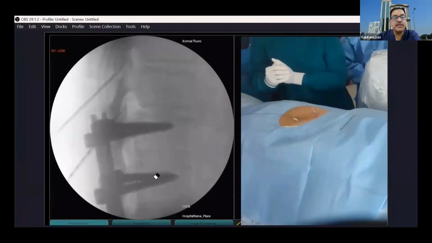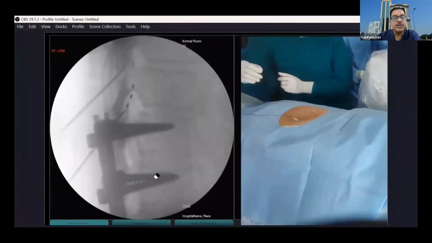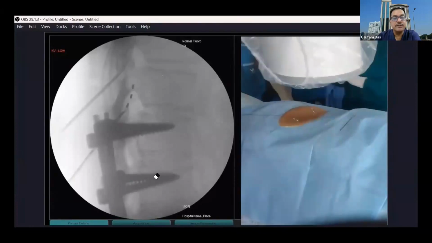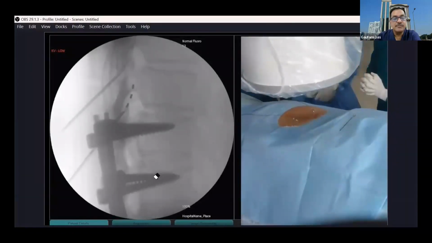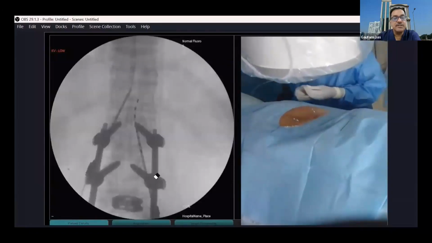So now we are threading the stimulator lead and checking where it is going. It is in the posterior epidural space and it is on the right hand side.